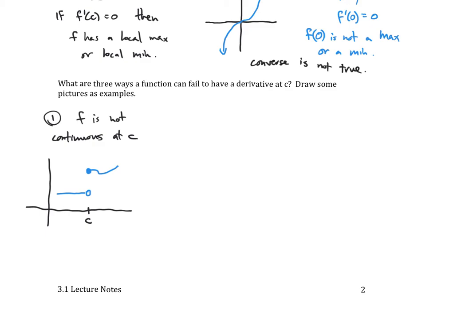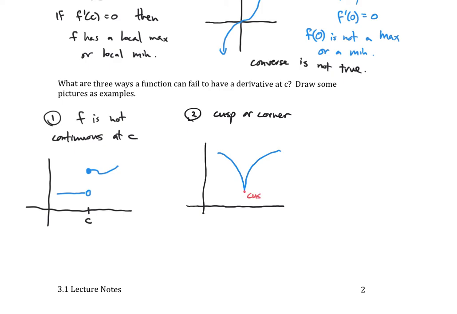What's the second situation? The second situation is maybe you have a cusp or a corner. So in that particular situation, your curve might look like what we looked at up above in our earlier example, but maybe the curve looks like that. So in this particular case, it has a cusp right here at this point.